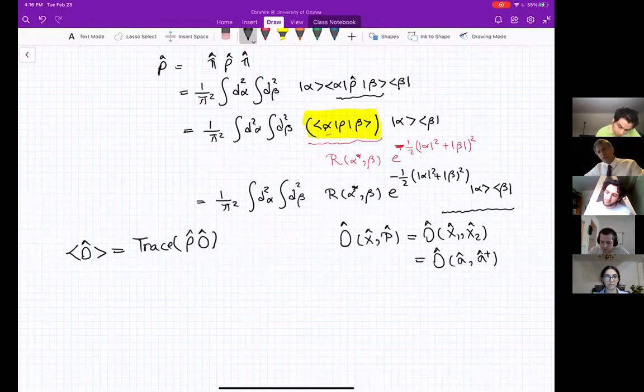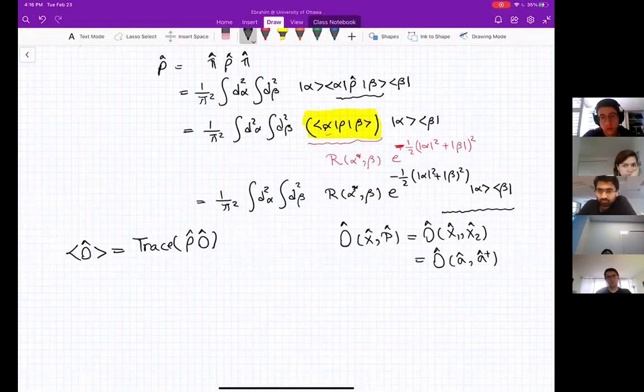Tell me one case. Any volunteer? Tell me an operator that you want to measure. Number operator, N. What is the number operator?